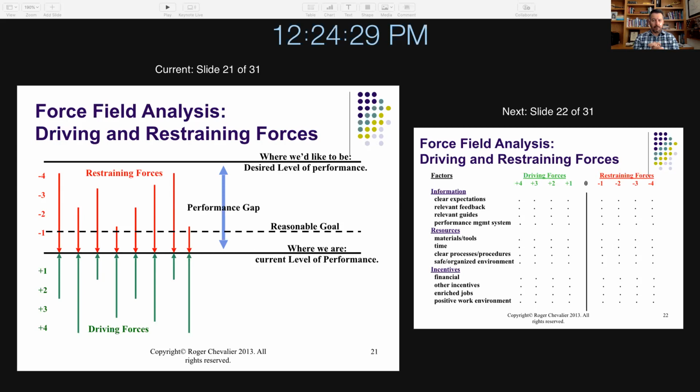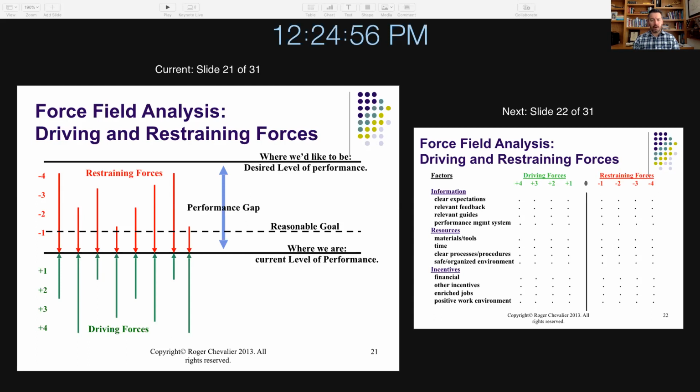And if you have forces driving towards closing the performance gap or towards the performance solution, those would be positive driving forces. If you have forces that are actually working against closing that gap, then those would be restraining forces. The length of the arrows actually is important.